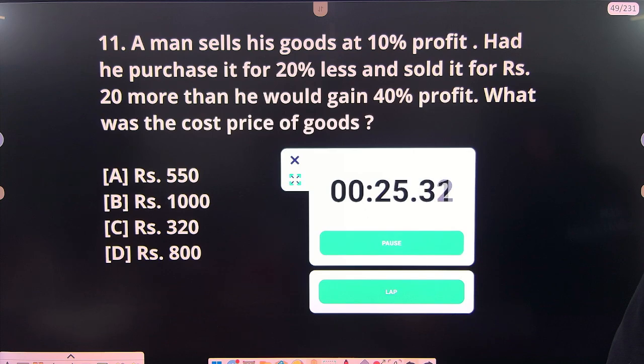Completely copy paste question. B option. Correct one.